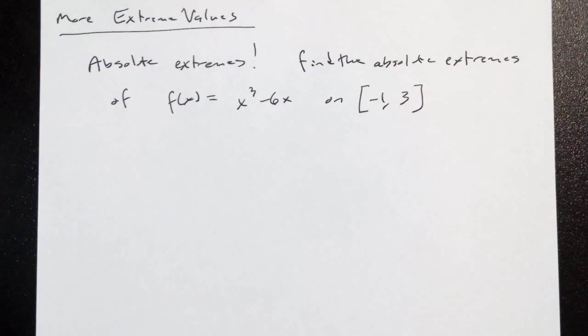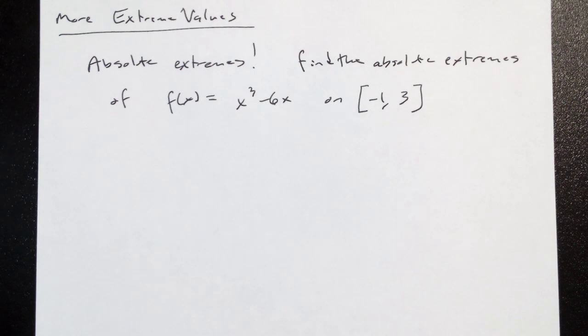Why? Think about the shape of this function. X cubed, right? But it can't keep going up forever because I chopped it off at x equals 3, and it can't keep going down forever because I chopped it off at x equals -1. So I've given myself a finite section of the graph. You have to have a highest spot and a lowest spot in a finite piece.